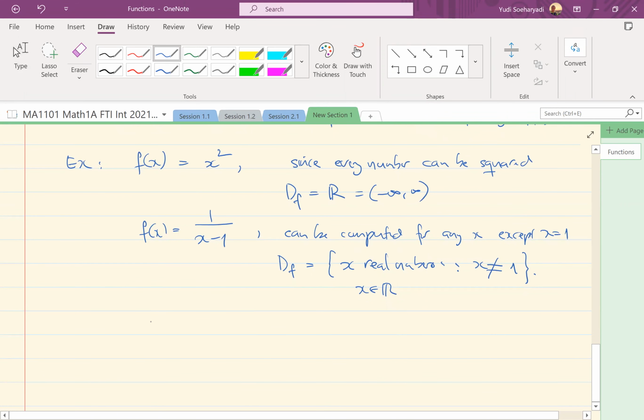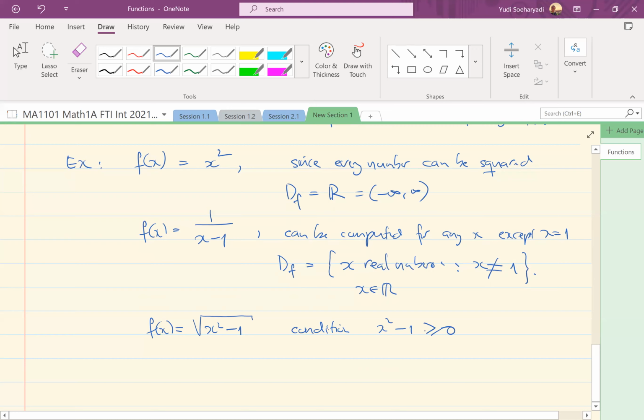And what else? All right. So, for example, the square root of x squared minus 1. You can compute this as long as the thing under the square root sign is non-negative. So the condition is x squared minus 1 is at least 0.